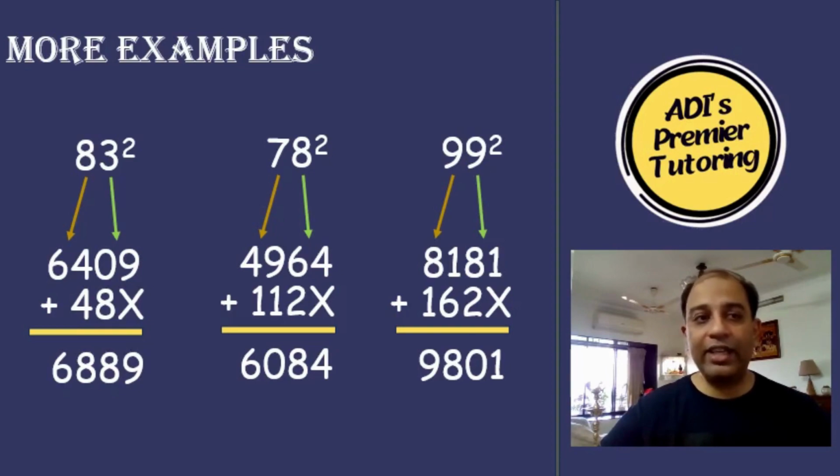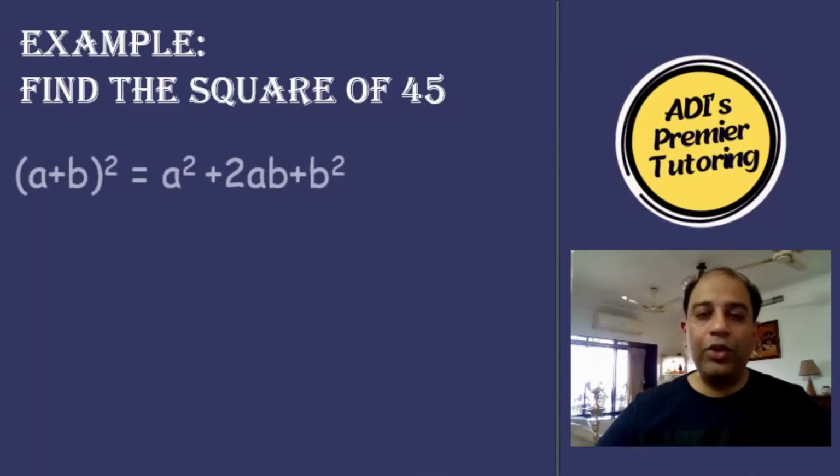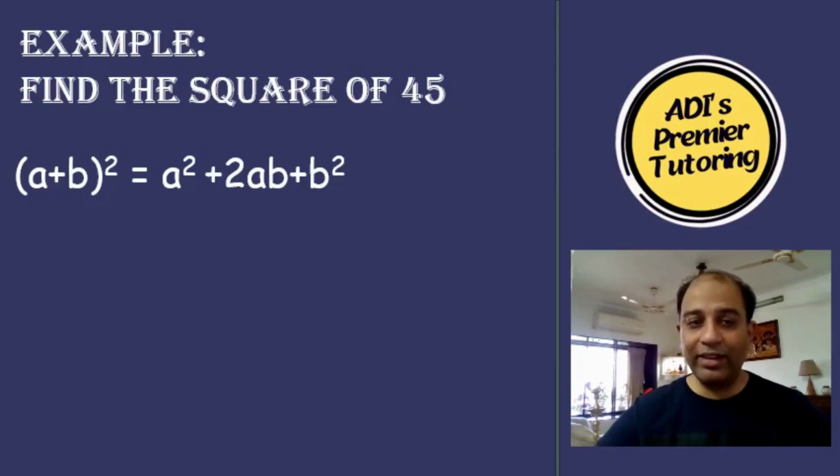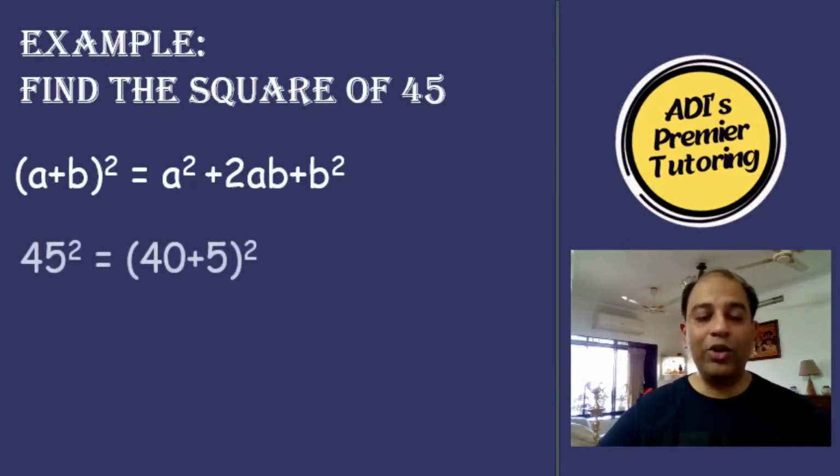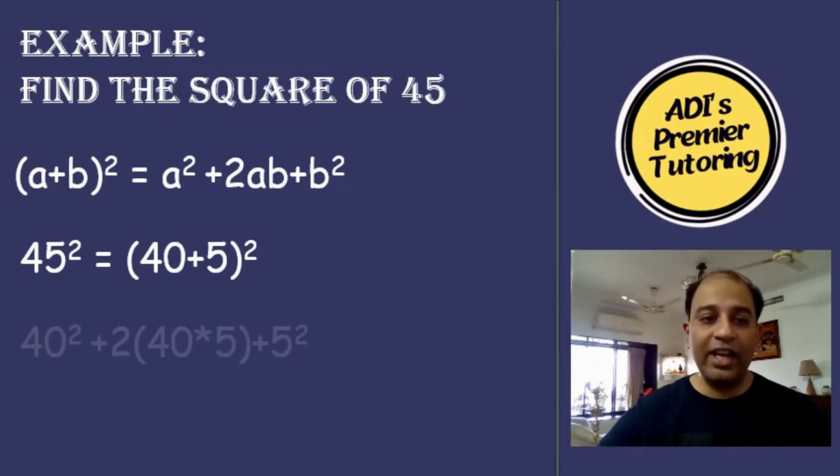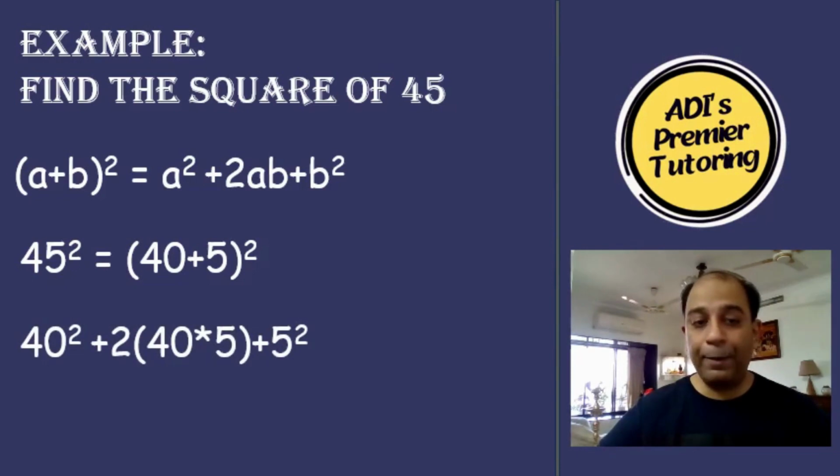Isn't this simple? Now let's take a look at how it works. The simple formula which I'm actually using is a plus b the whole square is equal to a square plus 2ab plus b square. So in our first example, I had just split 45 into 40 plus 5, then expanded the brackets and we get 40 square plus 2 into 40 into 5 plus 5 square.